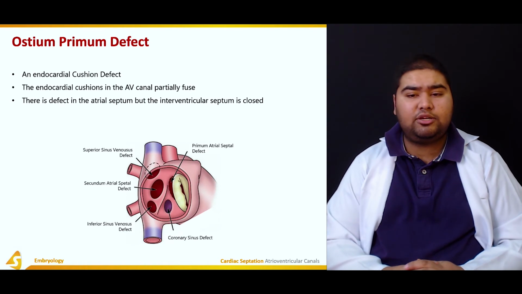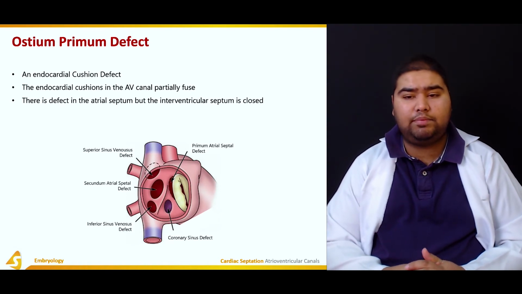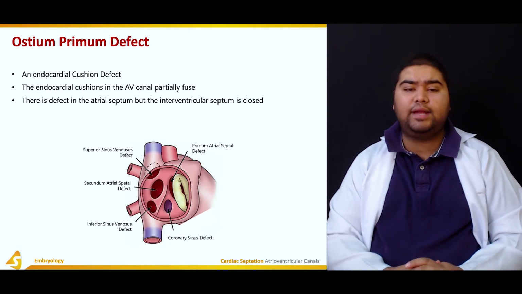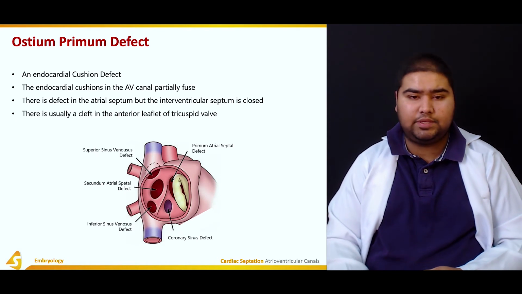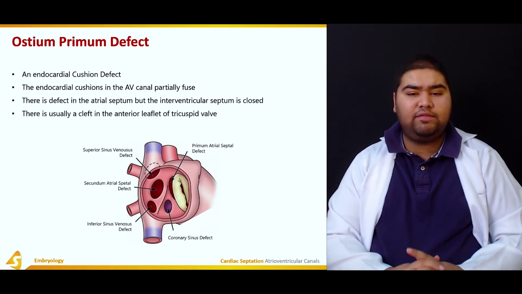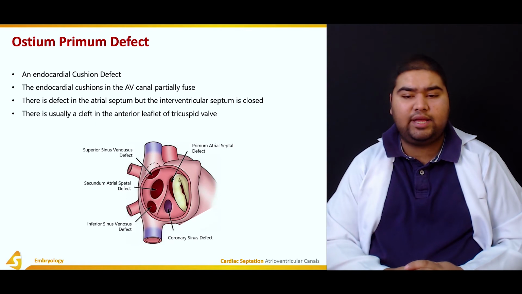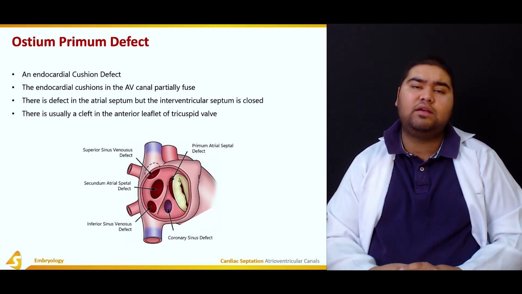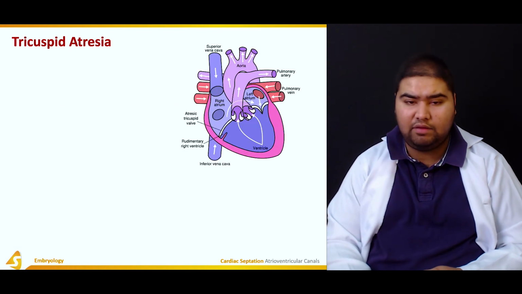There is a defect in the atrial septum, but the interventricular septum is closed. So the interventricular septum is safe. However, there is a defect in the atrial septum. There is usually a cleft in the anterior leaflet of the tricuspid valve. So that is an added finding, a cleft in the anterior leaflet of the tricuspid valve.